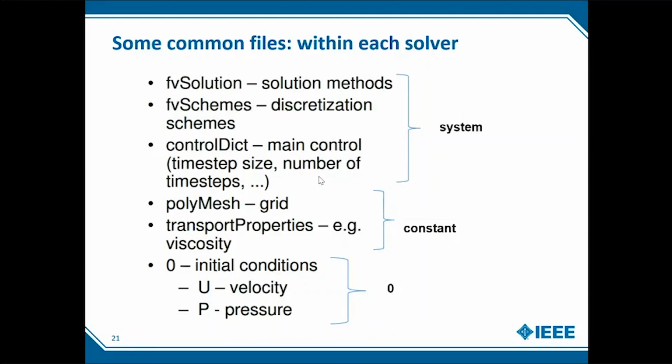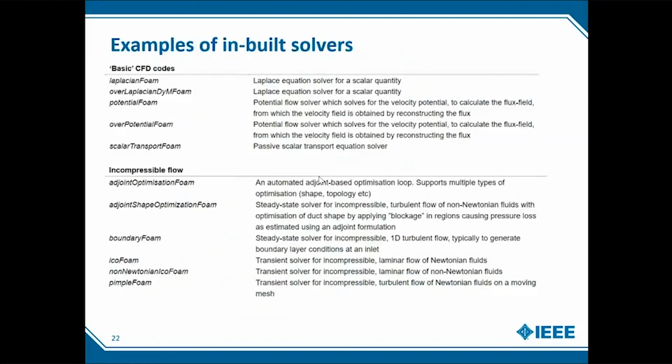So here are just some examples of the different solvers that I could find online. I'm pretty sure there are a lot more than them, and some of these are just for incompressible flows, but for different scenarios. So suppose you want to solve for an incompressible laminar and Newtonian fluid, you'll go to icoFoam.